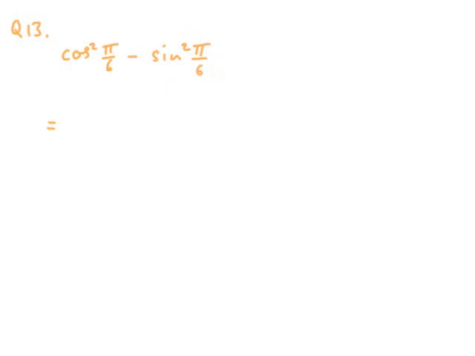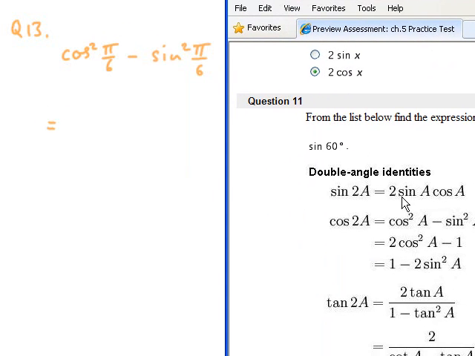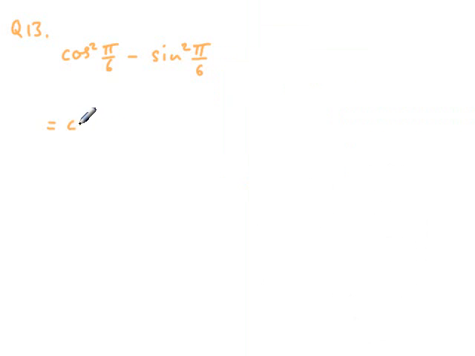And again, I'm going to look at this one here. So this one right here will therefore be cosine 2a, so cosine 2 pi over 6, which is cosine pi over 3.